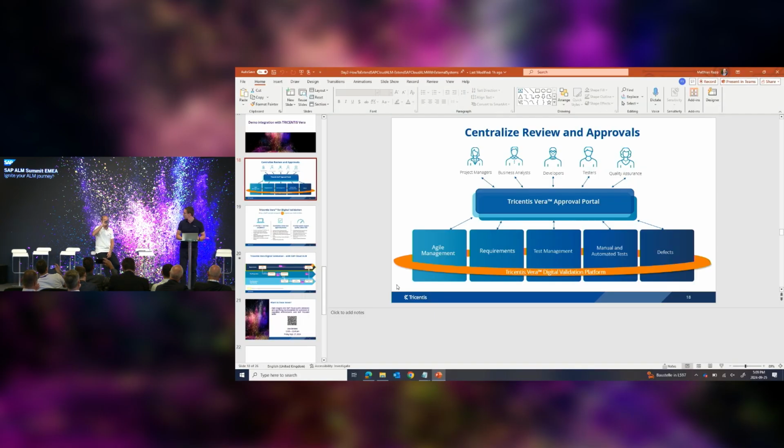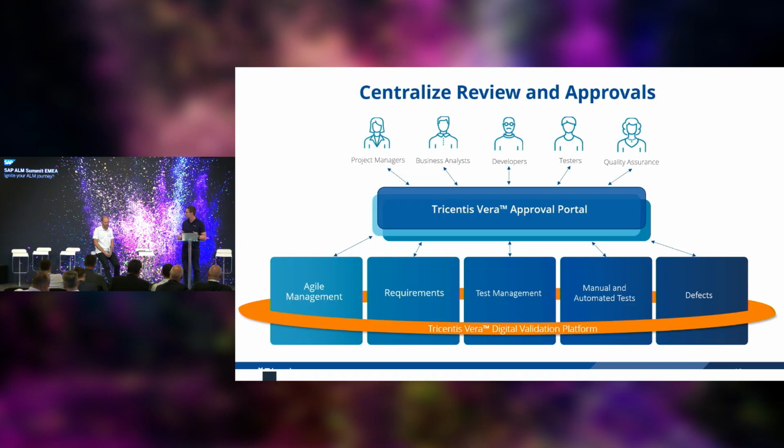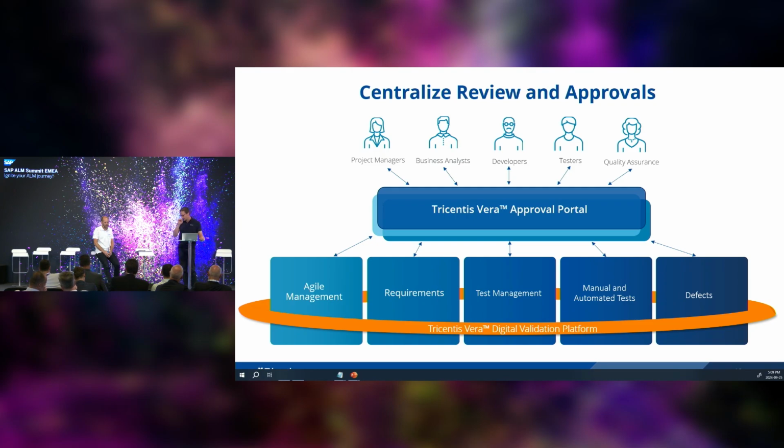So before I quickly jump into the next demo, I want to talk for just, I guess, 2-3 minutes about Tricentis Vera, just to set the context a little bit, why this approval API that Xavier has just shown us is so important.